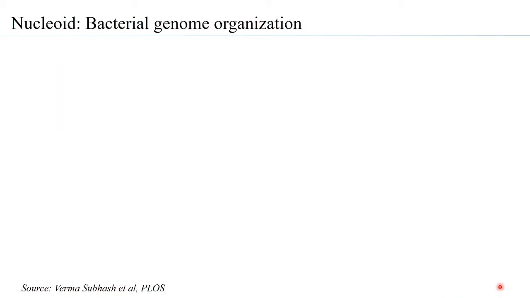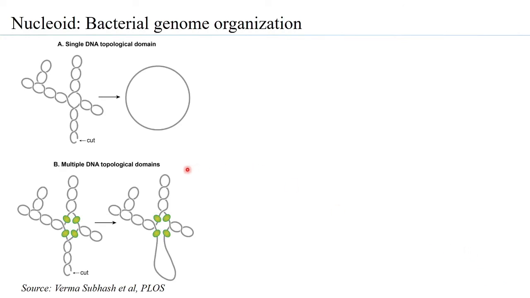Now, just to understand the genome organization a little more, please look at the fact that you can have the DNA coiling even without the NAPs. That is, it is not necessary that a protein has to bind to the DNA to form a supercoil structure. But the DNA has to be a closed circular DNA for it to be supercoiling.